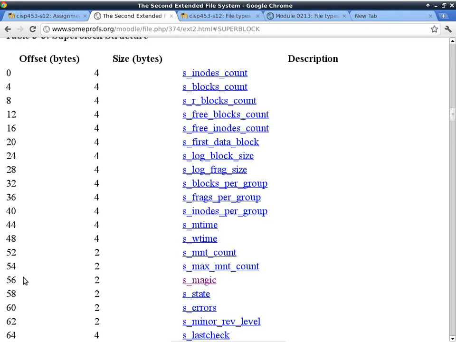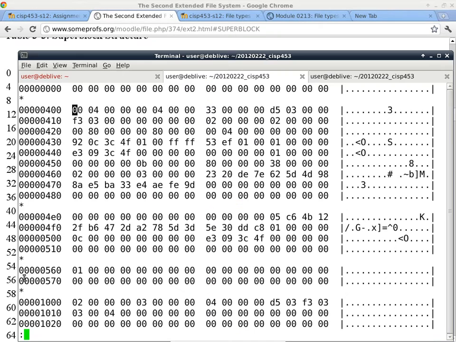56 in decimal is 38 in hexadecimal, because it is 3 times 16, which is 48, plus 8. So if you want to do a base 10 to base 16 conversion, divide it by 16 first. Assuming the number is within 255, the quotient will give you the most significant nibble, and then the remainder will give you the least significant nibble.